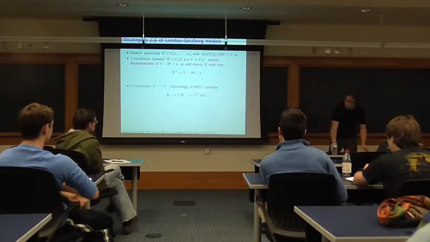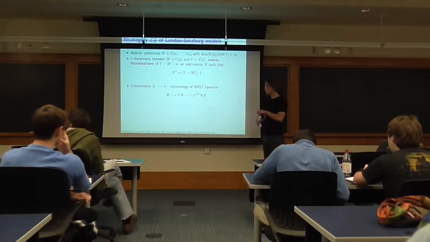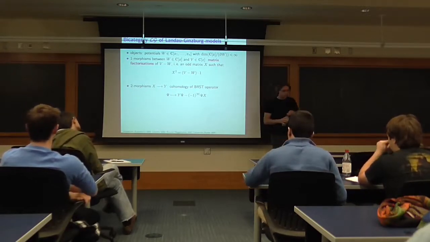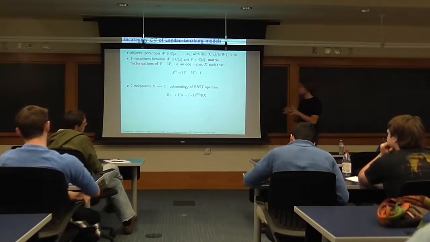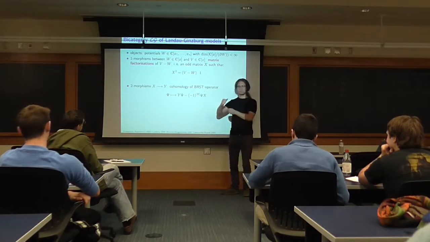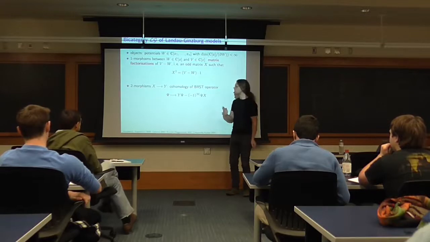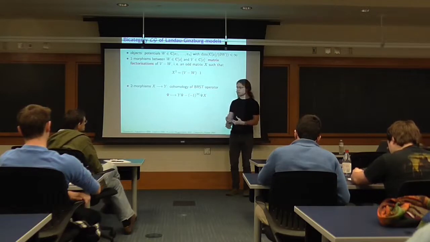Something else that is simple is the space of two morphisms for two matrix factorizations X and Y. So let's assume we have two matrices X and Y, which might be of a very different size, and which both factorize V minus W. And what is the space of defect junction fields between X and Y? That will be, as is very typical in topological field theory, the cohomology of a certain BRST operator.